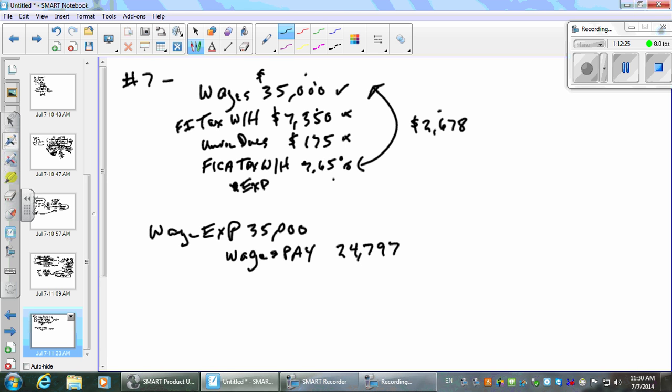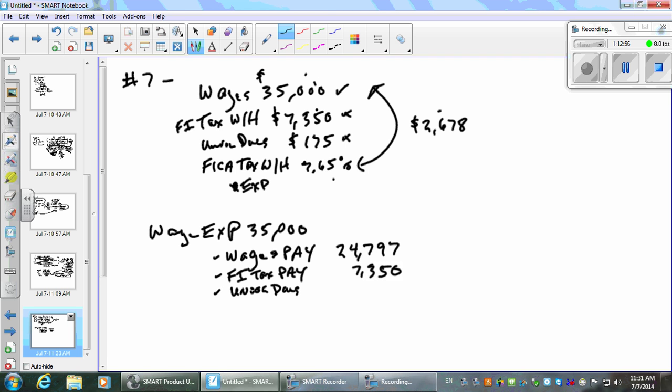That's it. Okay. Where does the rest go? I owe the federal income tax withheld. Okay. The federal income tax withheld payable is going to be how much? 7,350. The union dues payable. This can't be this easy. This one's payable to the employees. This one's payable to the federal government.